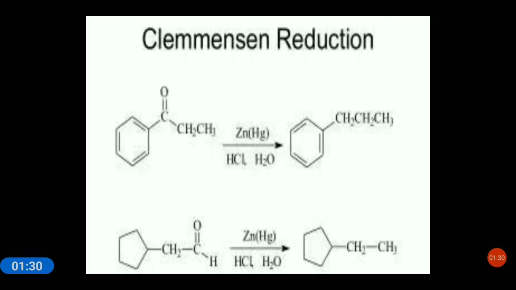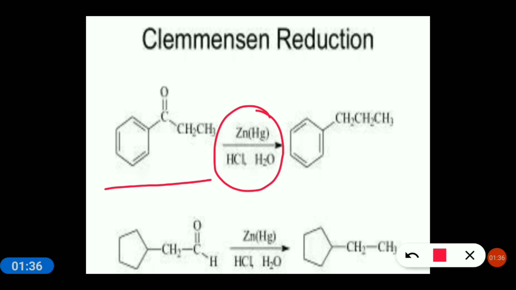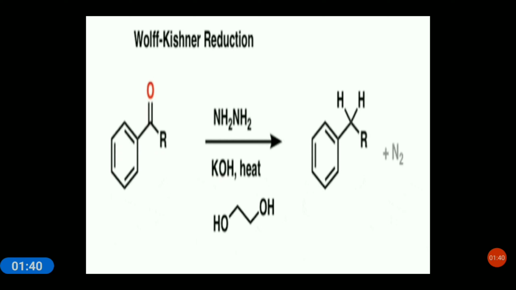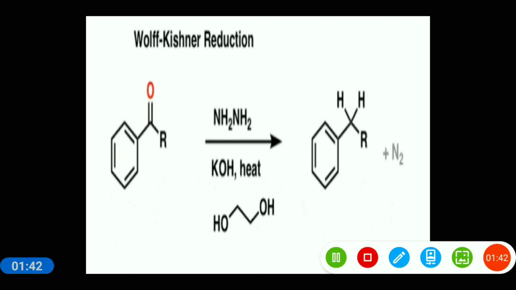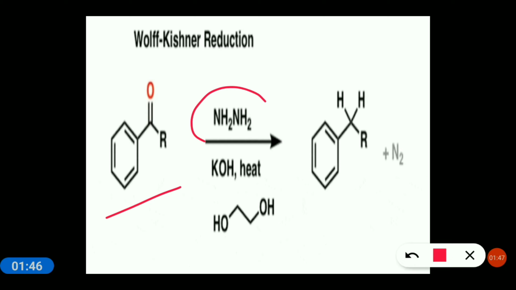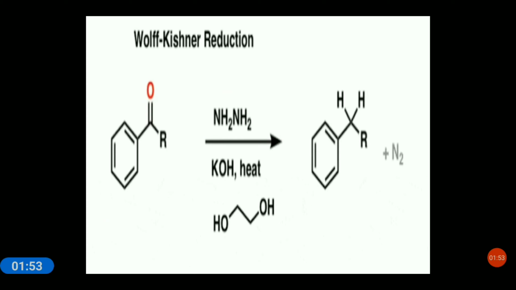Clemmensen reduction: in Clemmensen reduction, ketone in presence of Zn-Hg/HCl gives rise to alkane. Wolff-Kishner reduction again converts aldehydes and ketones in presence of NH2NH2 hydrazine in a basic medium and gives rise to alkane.